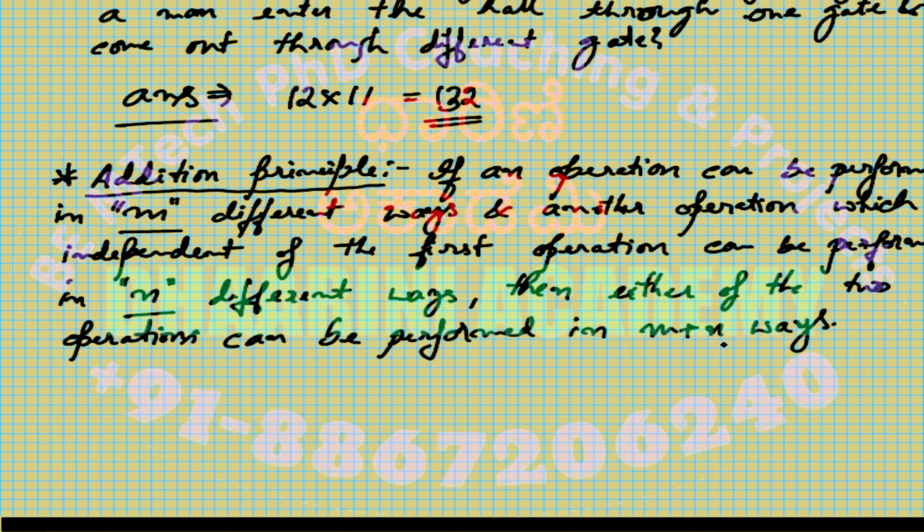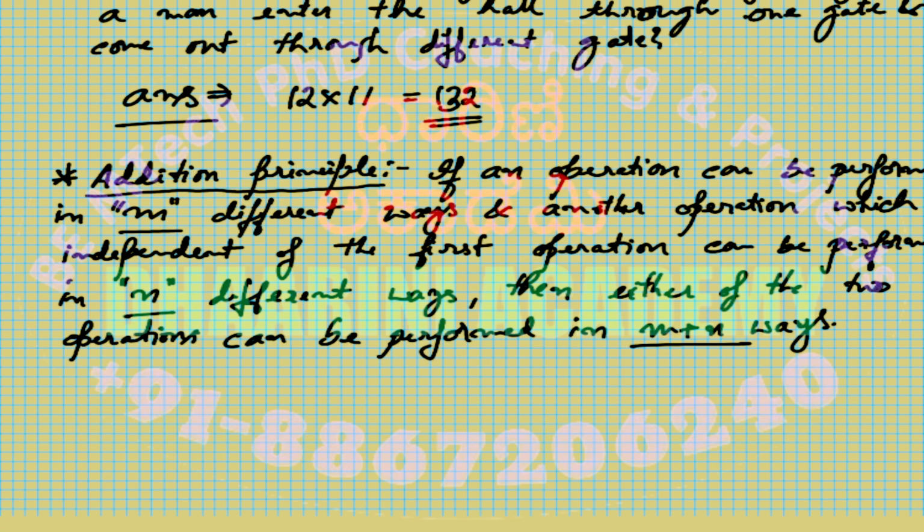Previous one was multiplication, now it is addition, because this is 'or'. Either the first or the second can be performed in m plus n ways.